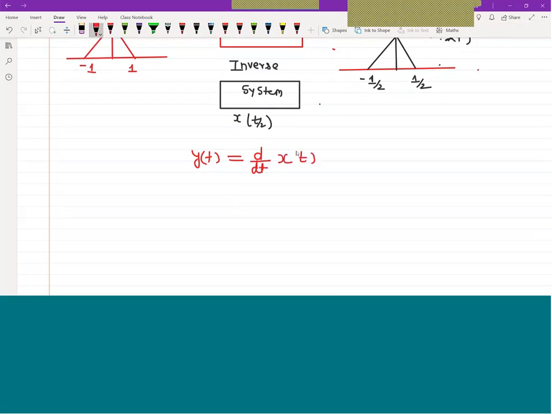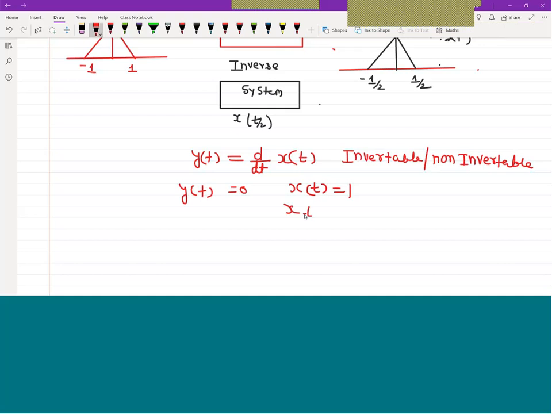I want to know whether this system is invertible or non-invertible. If I select x(t) equal to 1, y(t) is equivalent to 0.